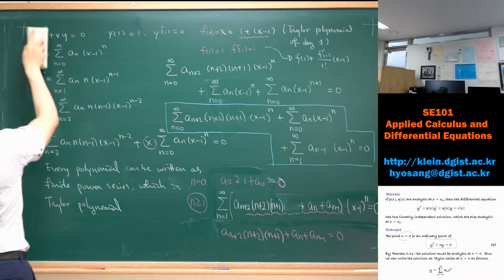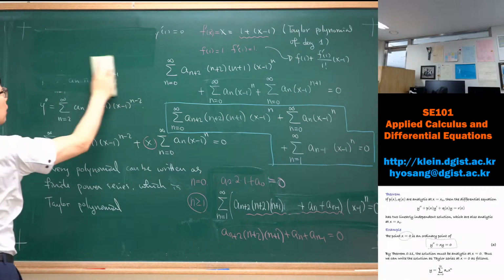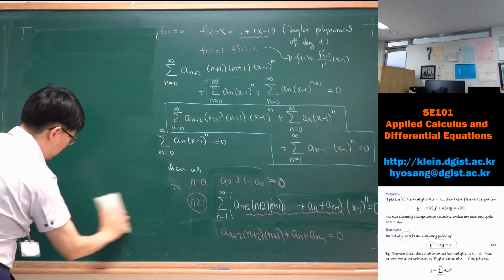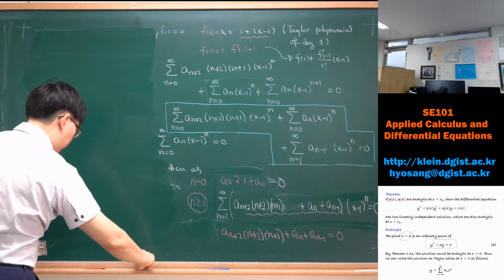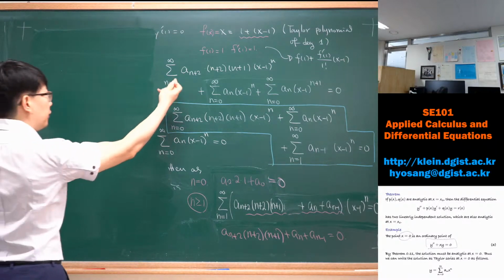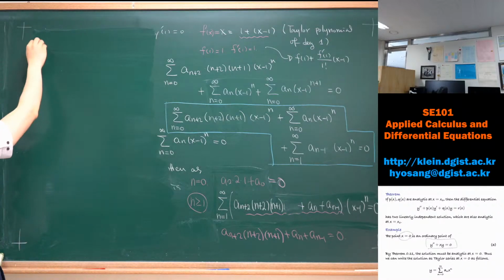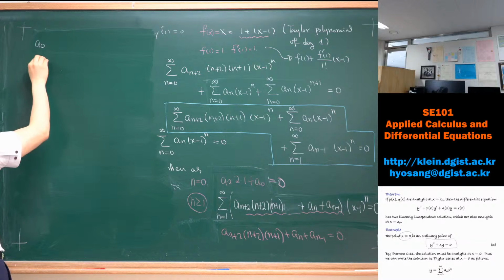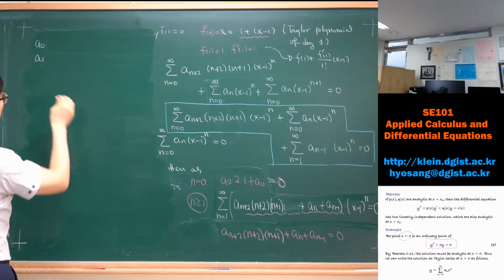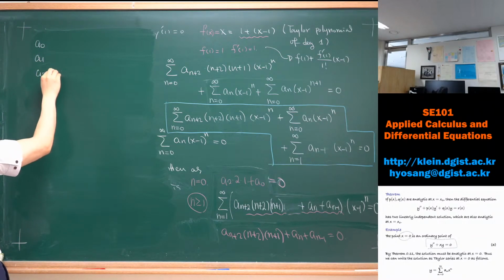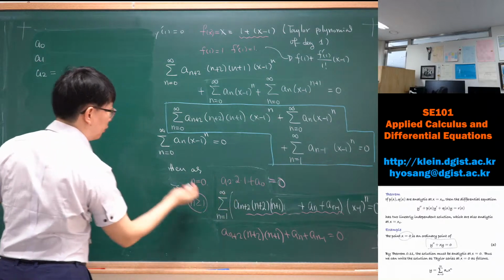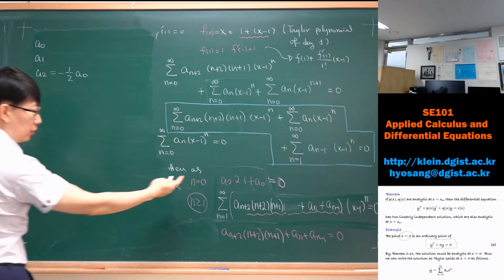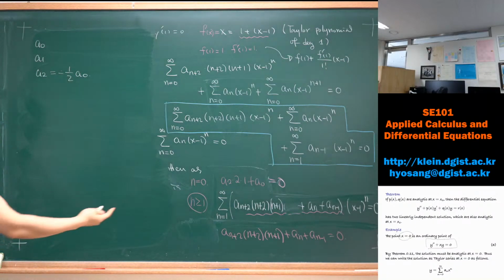But that's enough for finding the particular solution, because now let's try to find the first few coefficients of a. So a0 is a0. I really don't know what the value is, but a1 also is a1. But after a1, a2 is equal to negative 1 over 2 a0 because of this first equation.